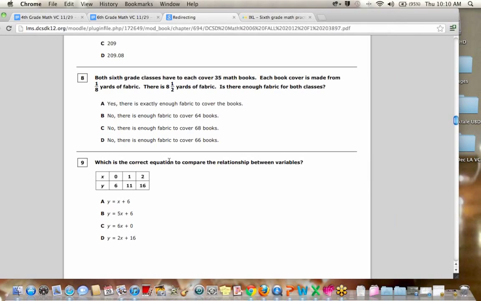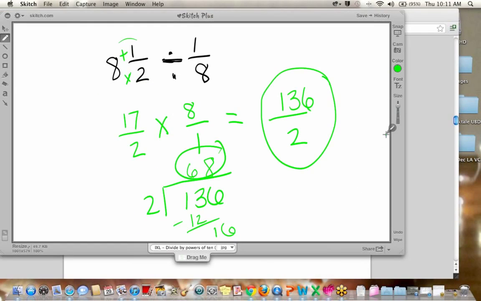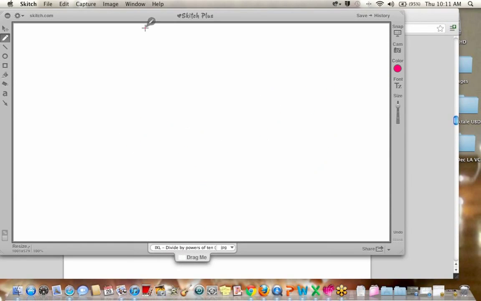All right. Number 9. Which is the correct equation to compare the relationship between variables? Variables are the x and the y. So we need to figure out basically an equation that represents this table. So I'm going to redraw the table. I'm going to draw it in hot pink because I like pink. Maybe that's red.